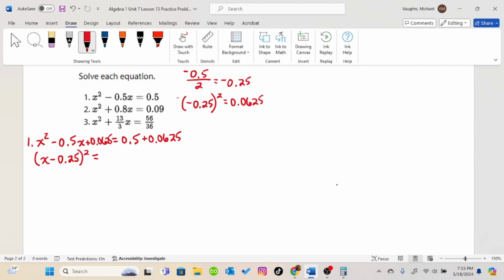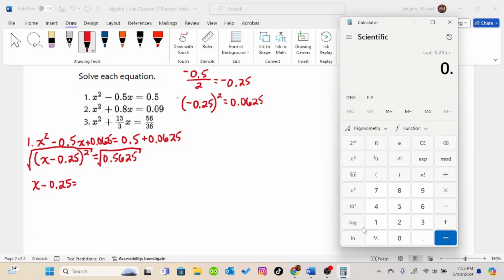So x minus 0.25 squared equals 0.5625. So now we need to take the square root of both sides. If you take the square root of something being squared, you just end up with what's inside. When we take the square root of 0.5625, we're going to get positive 0.75 and negative 0.75.